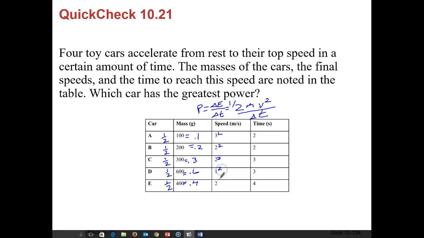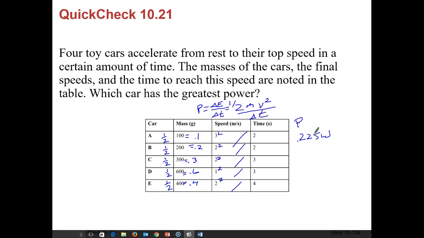So we're going to square each one of these speeds. And then we're going to divide whatever the answer is for each one by the amount of time. So for the first one, we've got 0.5 times 0.1 times 9, which is 0.45 divided by 2, which gives us 0.225. So this table would be what our power is, and this would be in watts.